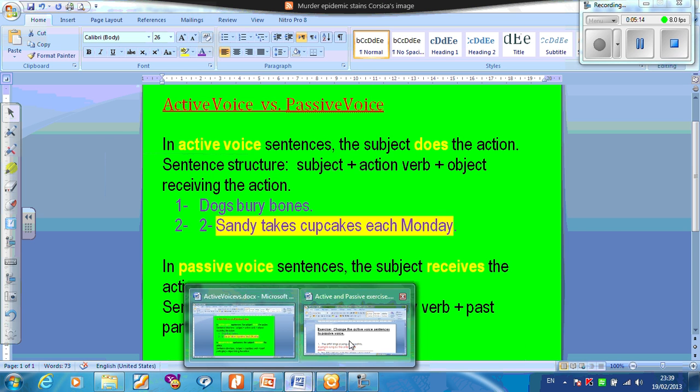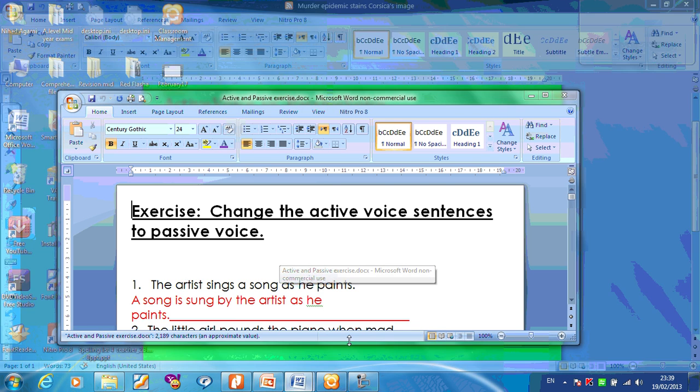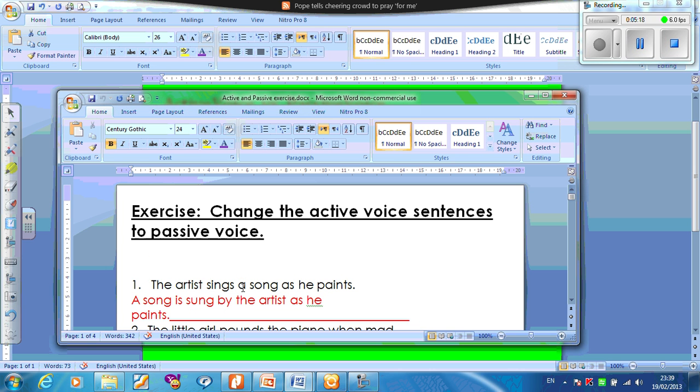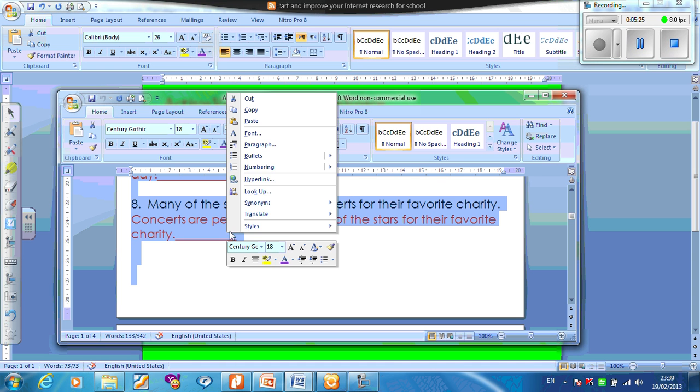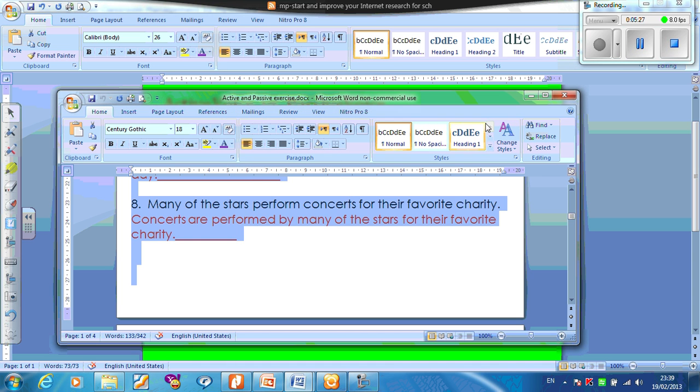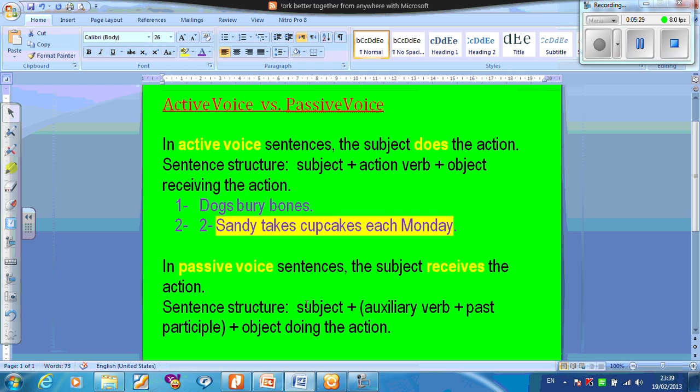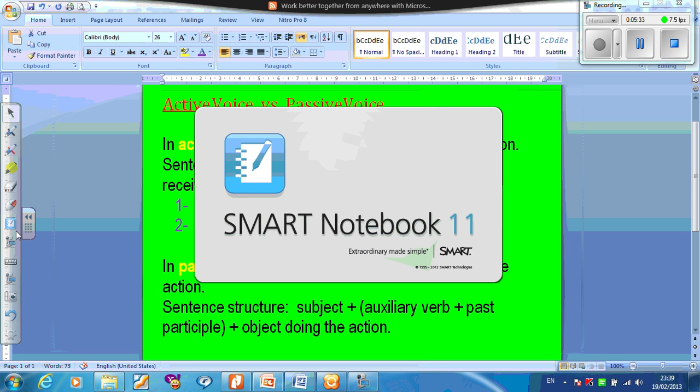Let's see an exercise. I'm just going to copy it like that, close it, then paste it on the Smart Notebook.